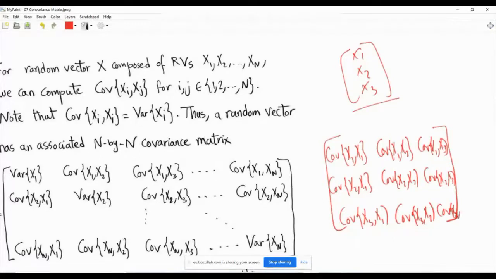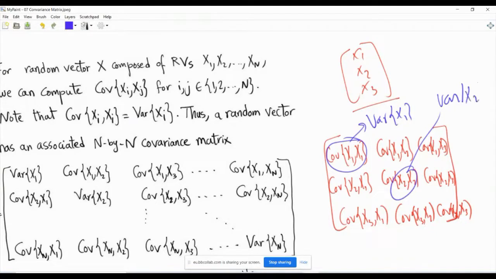So what you do is basically that, for a random vector, you compute the covariance by taking, for each row, the first row, you take x1 and you compute its covariance with every other guy and actually with x1 itself. Now we understand that the covariance of something with itself is basically the variance, so this will be the variance of x1, this will be the variance of x2, and this will be the variance of x3.